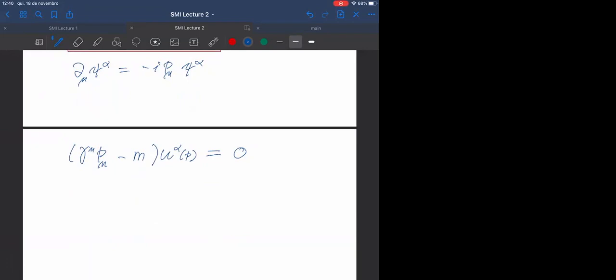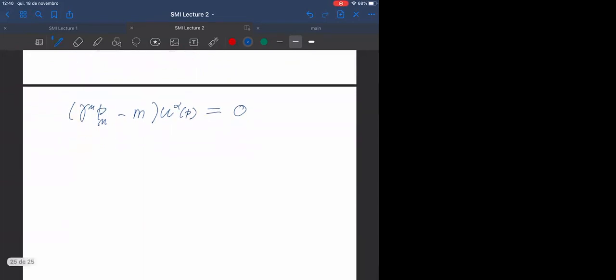Now let's rearrange these things and see what the energy of the states of the Dirac equation is. You know the answer, but let's recall that. So multiply on the left by gamma nu p nu minus m.